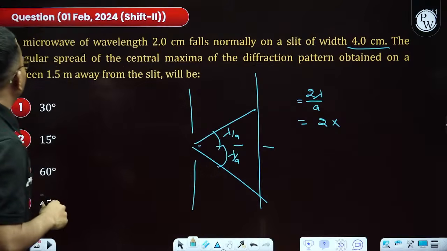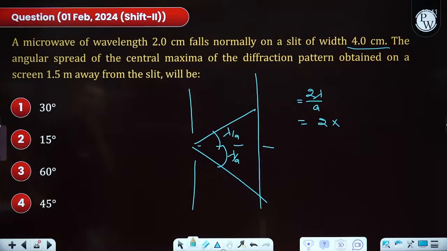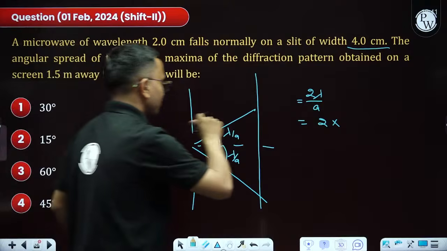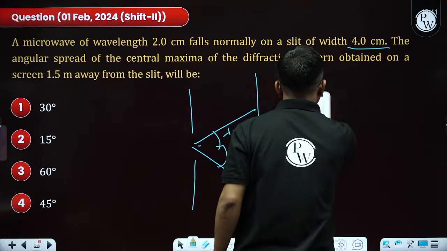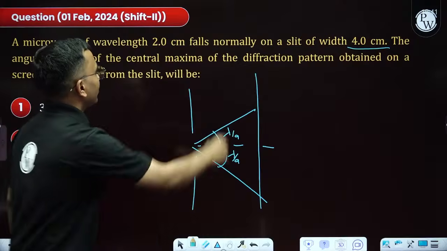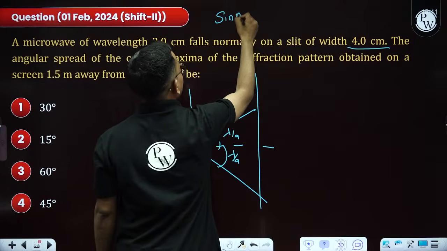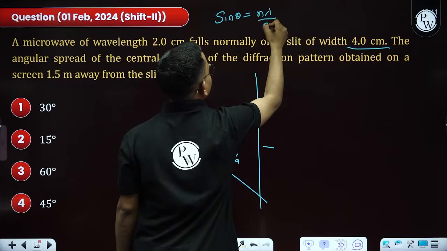A microwave of wavelength 2 centimeter falls normally on a slit width of 4 centimeter. One thing is there here. We say the minima is at sin theta equal to n lambda by A, the nth minima.